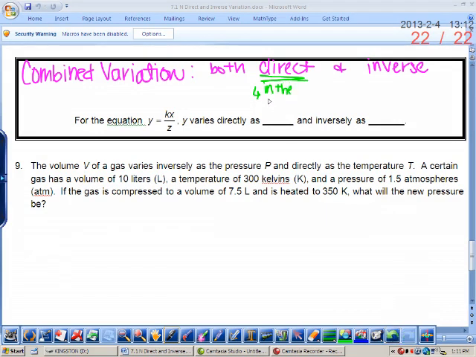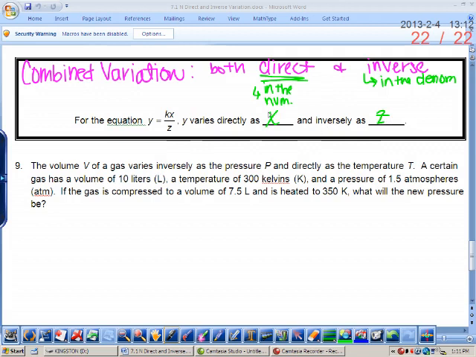In the denominator. So you'll see the equation y equals kx over z, where y varies directly as which variable? X, and inversely as z.